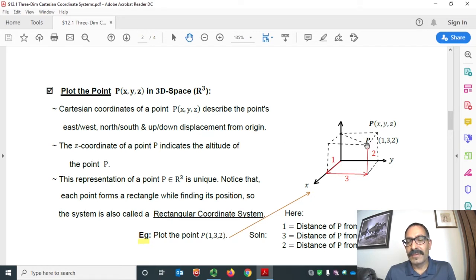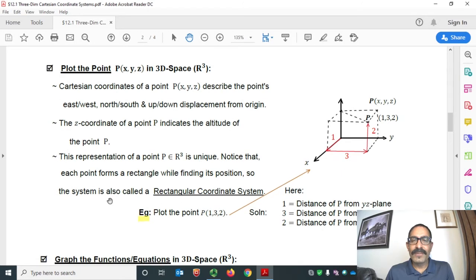That means x positive or negative side, y positive or negative side, and z positive or negative side. The z coordinate of a point indicates the altitude of the point, that means how far off that point is from the ground. This representation of a point is unique.